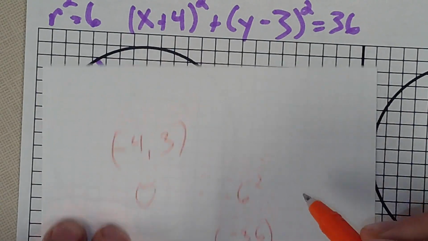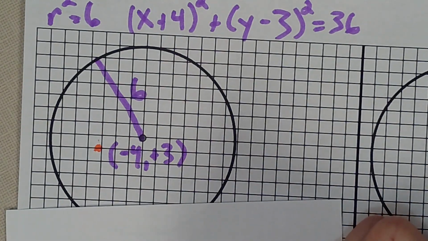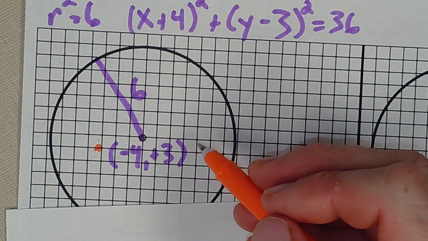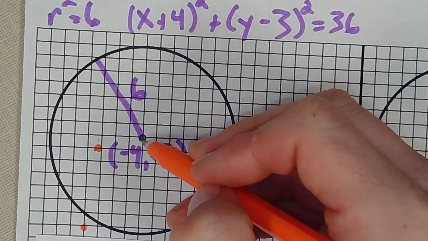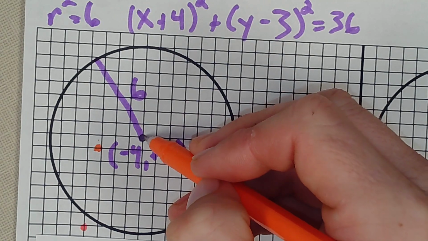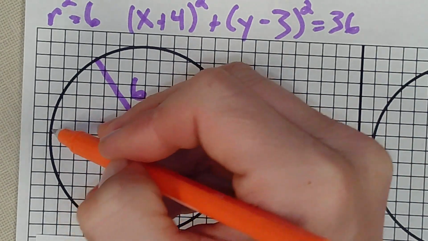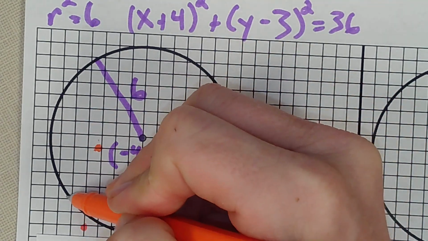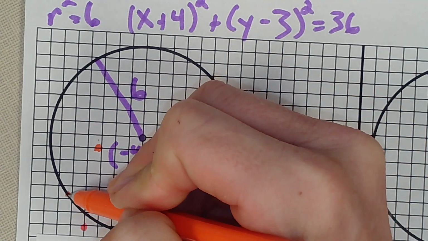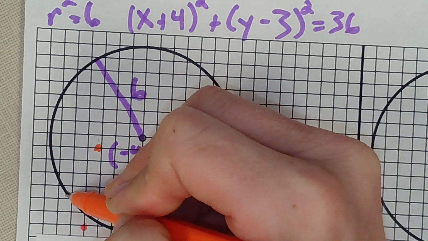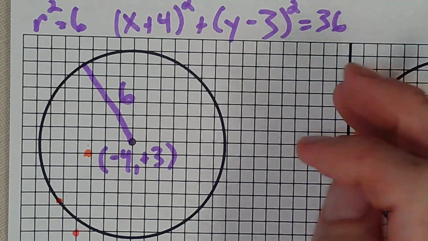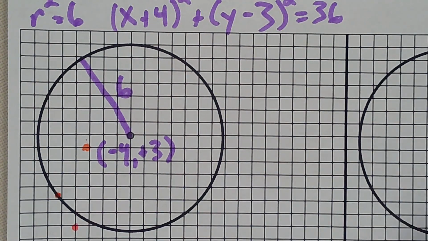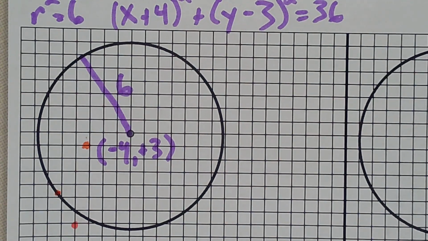So that would be right there on the circumference. So -4 would be right here on the x-axis, and then -3 would be right here-ish, I guess. Yeah, that would be right about there. Okay, so that's how you determine if it's on, inside, or outside the circumference.